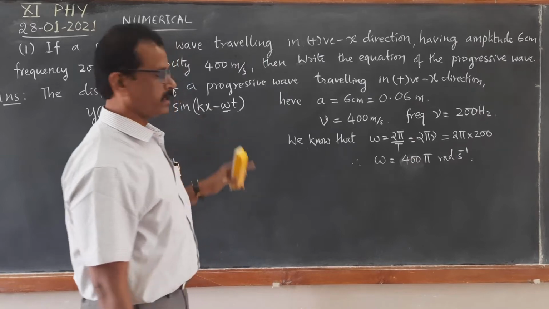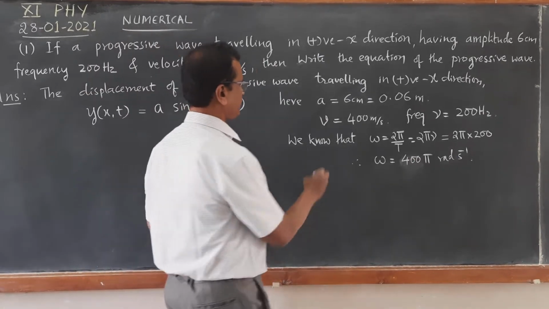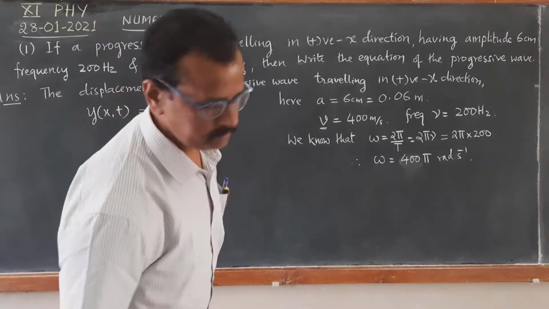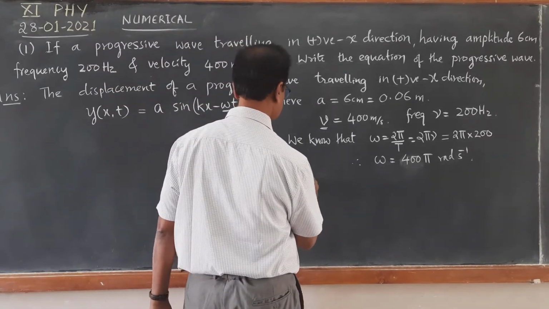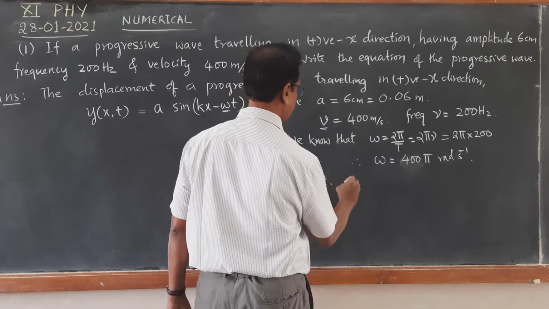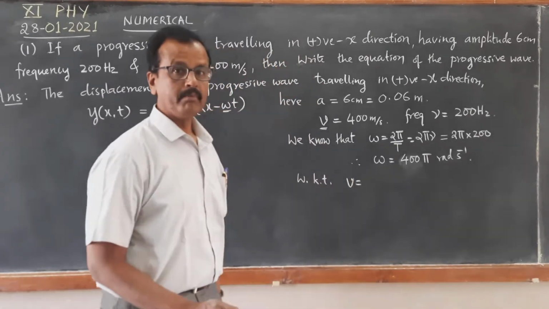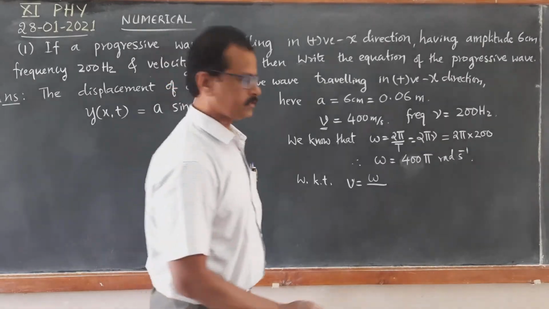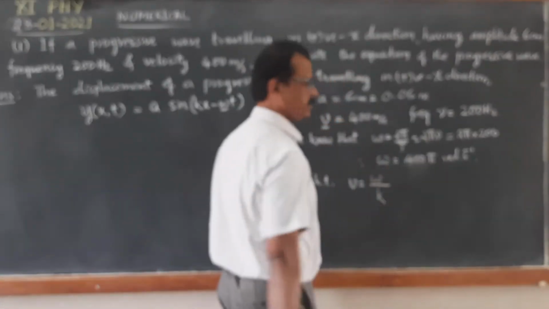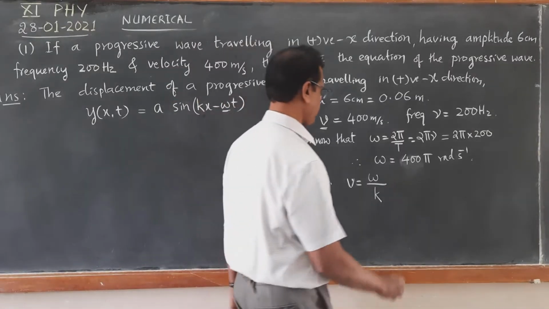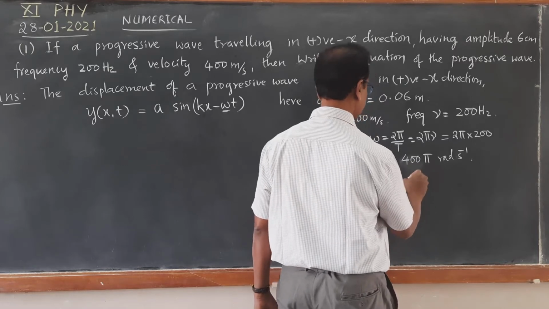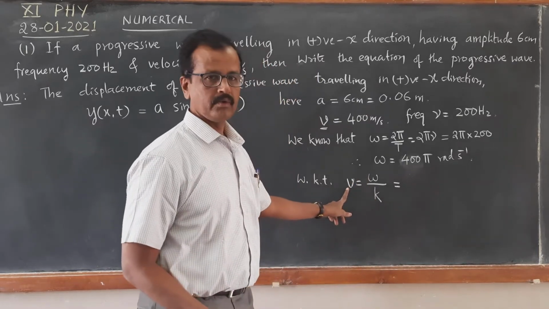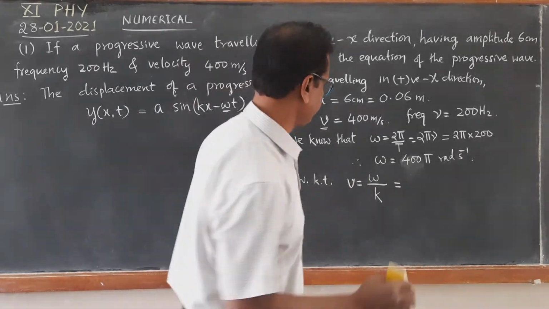Now we need to know what is k. k can be obtained from the equation of velocity. Velocity is given. We also know that v is equal to omega by k, the ratio of angular frequency to the angular wave number. Omega is known and v is known, so we can calculate k.